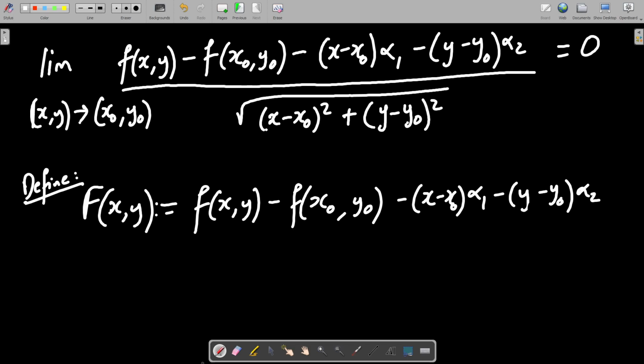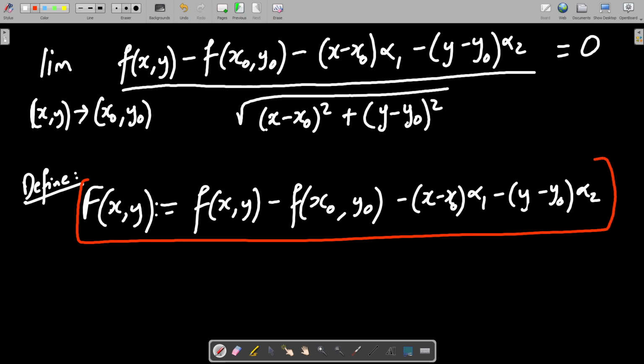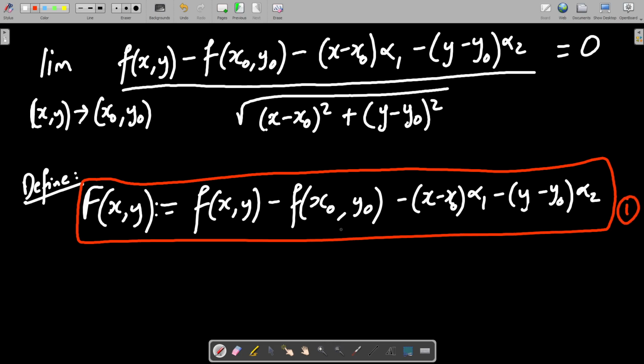Okay, so this is the expression. We'll give a name to this expression first. Put this in a box. It's the first equation for us. We'll call it 1.